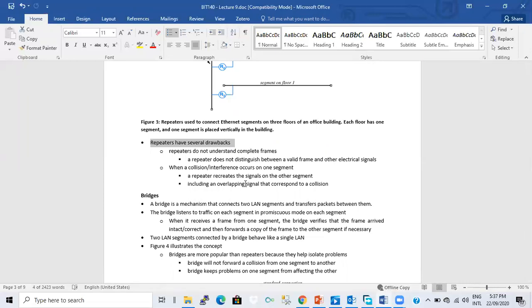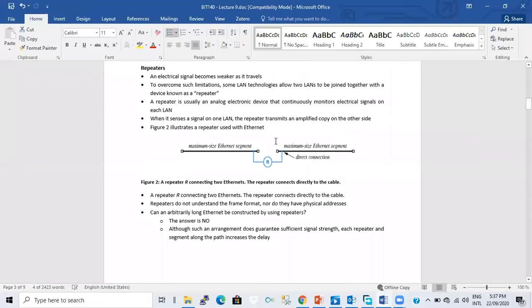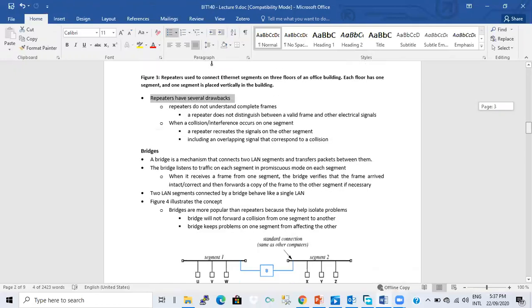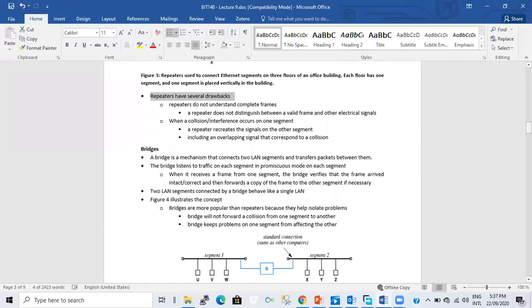Including an overlapping of signals, a repeater won't even say there's a collision. What has come from here, it gets it, boosts it, and sends it there. What has come from there, it gets it, boosts it, and sends it here. It won't detect if there is an error or not. All it cares about is, let me boost the signal and send it to the other side.